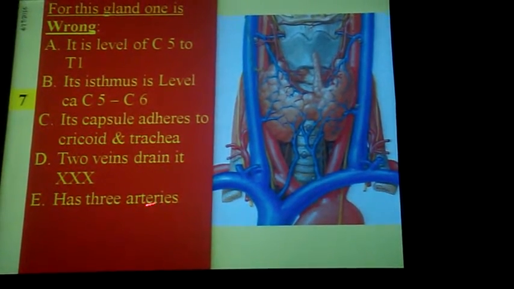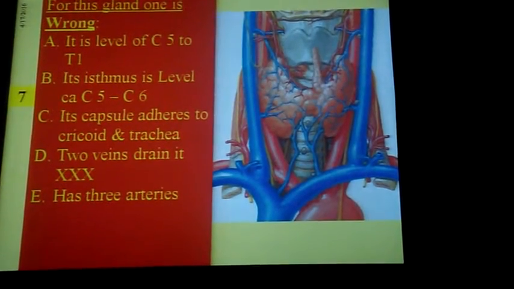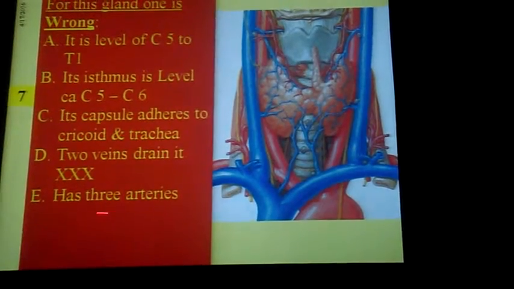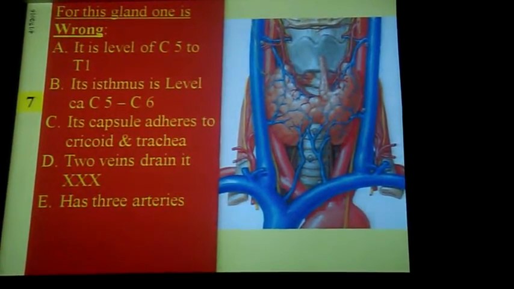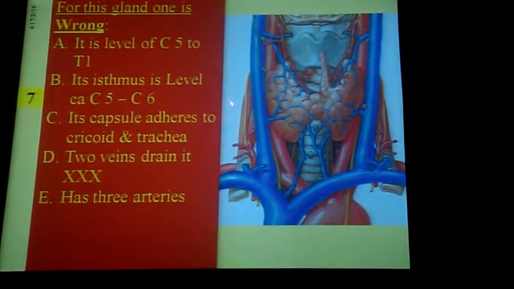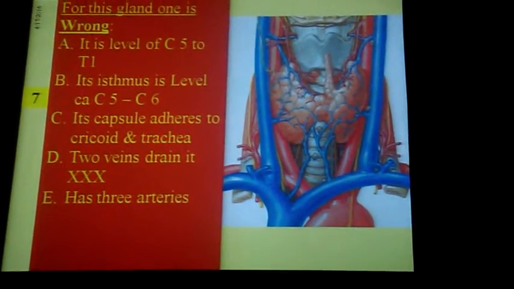Two veins, we mentioned that. It has 3 arteries. Of course we have the superior thyroid, inferior thyroid, and the thyroidea ima. This is a bit not quite well. The question is not put in a completely correct way. It's better to say, for example, 2 arteries on either side and 1 median artery, a total of 5.